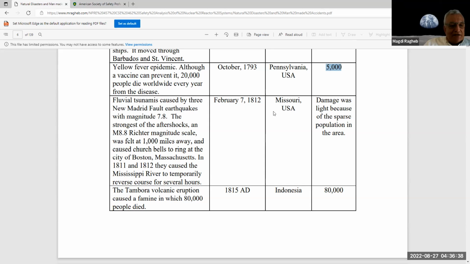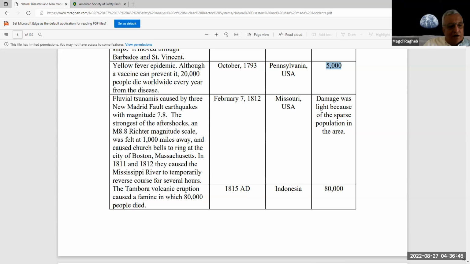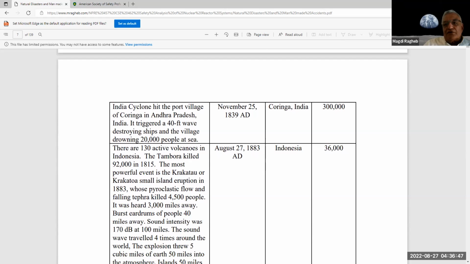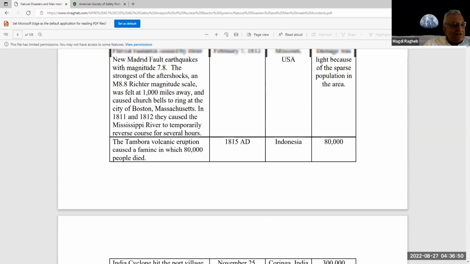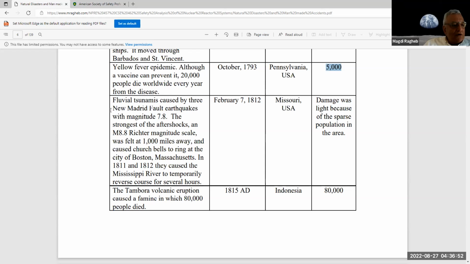In Missouri, the United States, here in 1812, we had an earthquake that happened very close to us, south along the Mississippi River in an area called the New Madrid Fault. That earthquake was so strong, 7.8 in magnitude, it reversed the flow of the Mississippi River. Instead of the river moving from north to south, it moved temporarily from south to north.